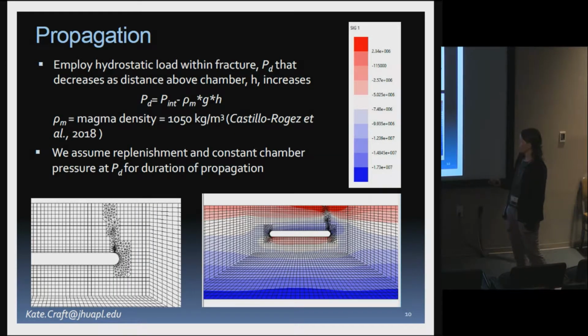When that all works out and you can initiate a fracture, you can then use the program so that for each propagation step, it recalculates the stress field and the stress at the fracture tip, and you can allow the fracture to propagate where it wants to. It's going to want to propagate perpendicular to the maximum tensile stress, or in the direction of the maximum compressive stress. And so it propagates upwards, and it can reach the surface.